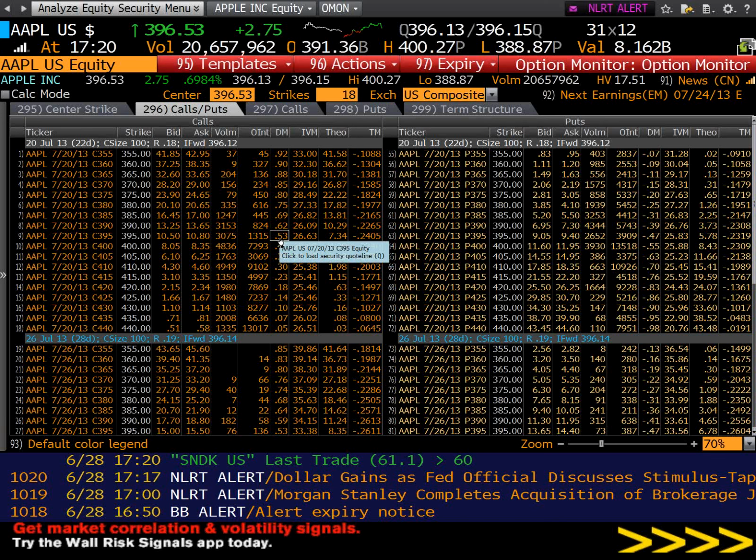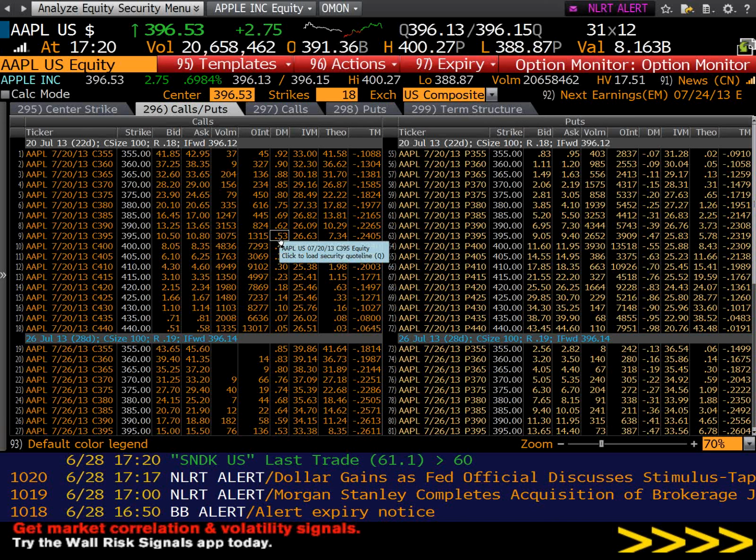I don't know what it is. There are calculators that do that. But it's going to be less. So if you're now after hours and you're long 10 395 calls with a 53 delta, and you don't think the stock is really going to move, or you think the stock is going down on you because the earnings were bad.